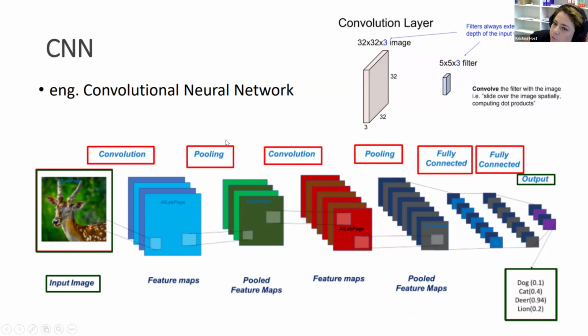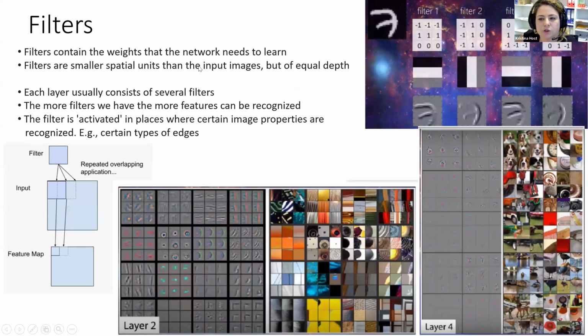How the convolution works: in the convolutional layer, we have something that is called a filter. These filters are smaller units from our image. For example, if the image is 32 by 32 pixels, we can have filters that are of smaller size. With the filters, we want to train the network.